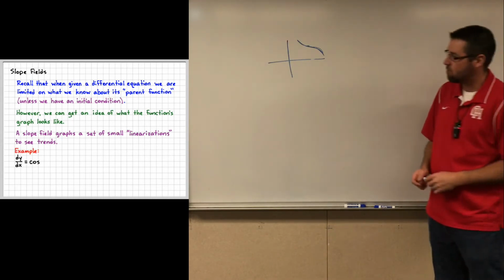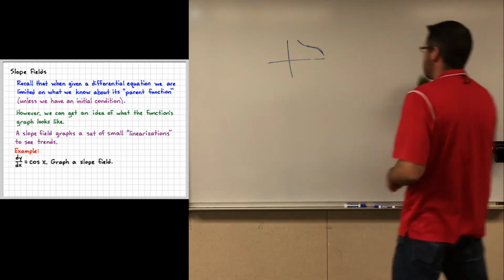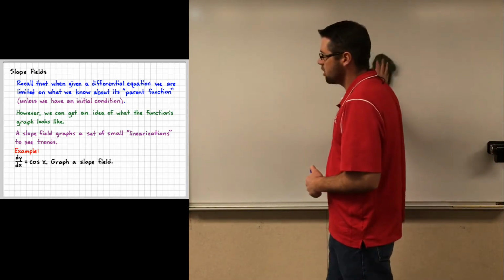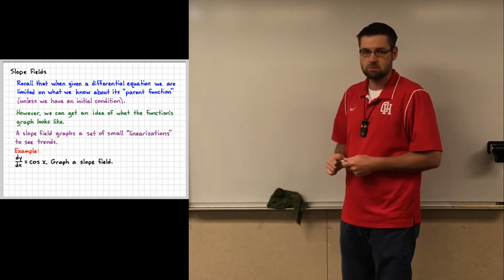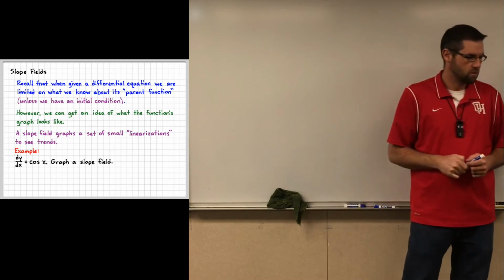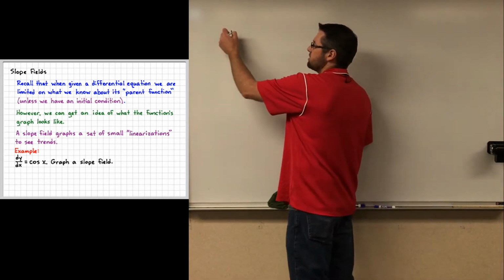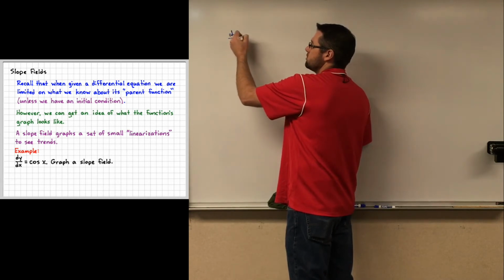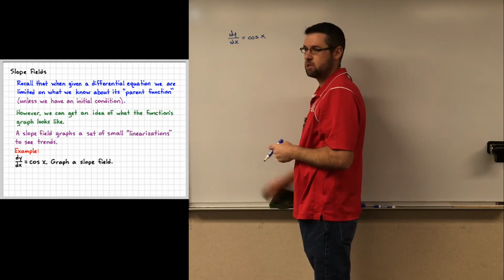So let's look at an example that we can actually take the antiderivative of. If dy dx equals cosine of x, graph a slope field. Well, we could graph this function. If dy dx equals cosine of x, what do I do to solve the differential equation here?